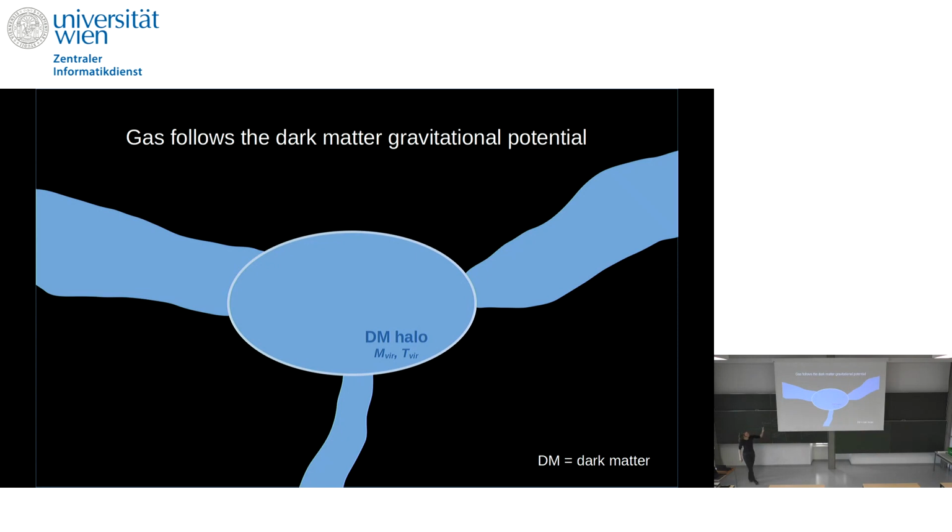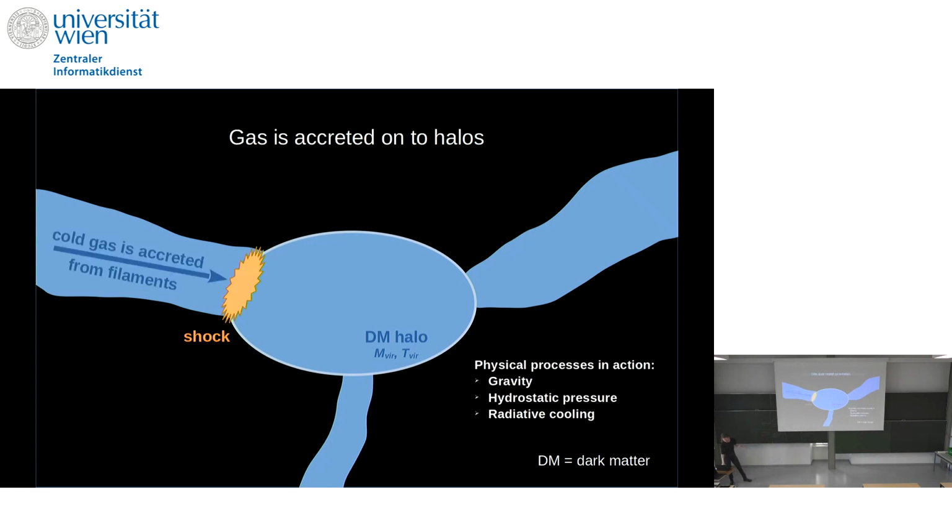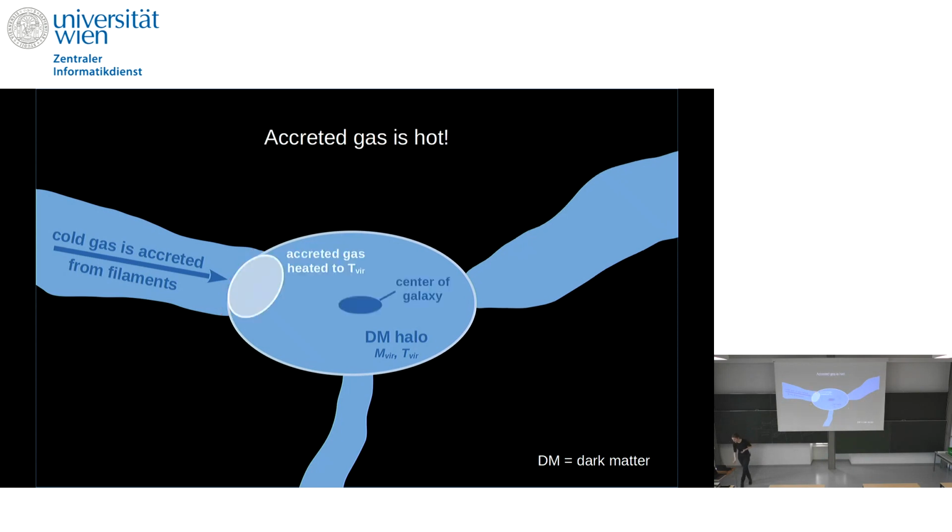And what you will have is that the gas will follow the dark matter. So now you can imagine you have this dark matter halo, which is heated sort of to a virial temperature. You have a cool gas, which comes from the filaments. So as it hits the dark matter halo, it experiences a shock.